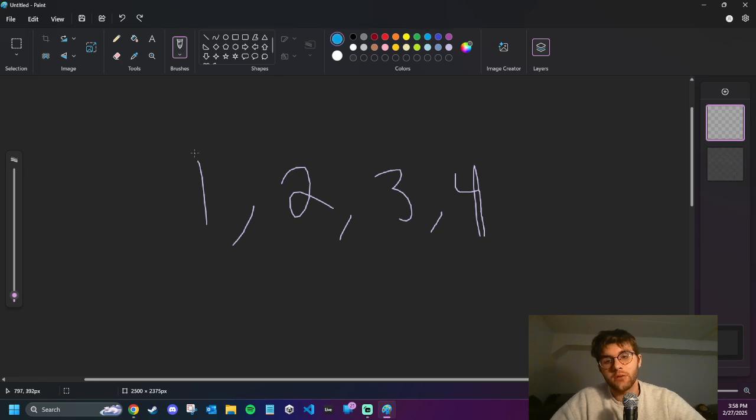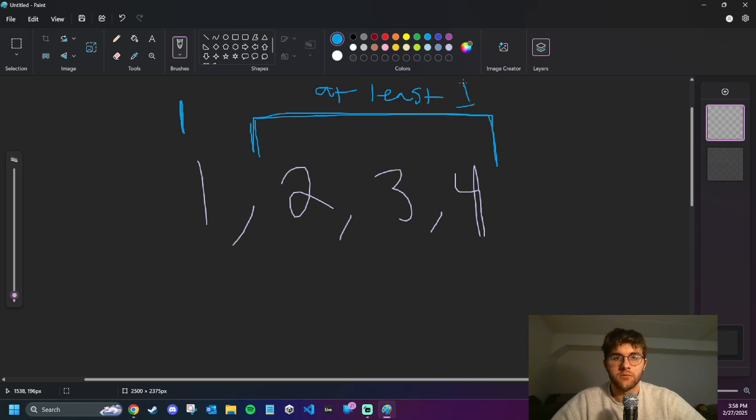So we know that this number, okay, let's start here. So the sum is 1. So that means, what can we deduce from that? That there has to be at least 1 on this side for it to be true. I don't think that's really that useful though.